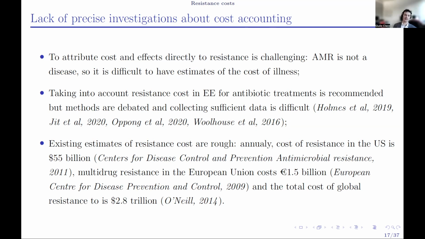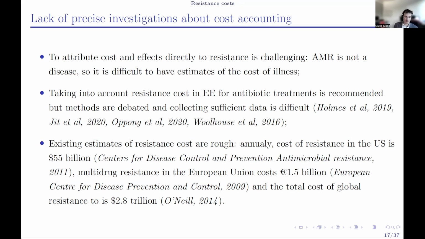So in a lot of datasets it is not classified with a specific disease, and that's why it's difficult to have precise estimates of the cost of illness. Also, when we have resistance, we are always in a case of comorbidity, because the patient is affected by the bacteria itself, and is also resistant.